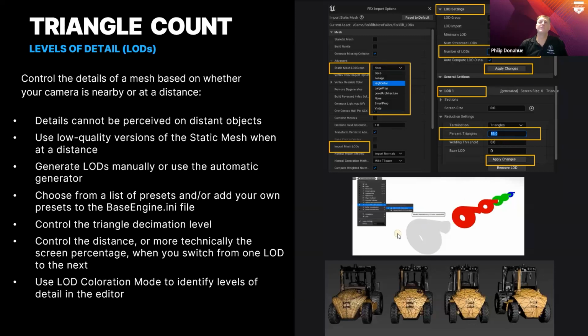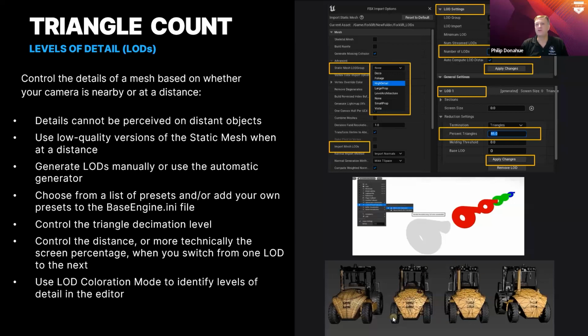There's also, within the static mesh editor, a way to look at the levels of detail based on color. This is a lot easier to see if, say, you're zooming out, pulling your camera away from the object and you want to see the detail change. Sometimes you can't really tell because you're not seeing that much of the object. So you can select an LOD manually on the drop down, and you can see, for instance here, the lowest number, LOD0, is going to be the highest detail, and then LOD1, LOD2, LOD3.